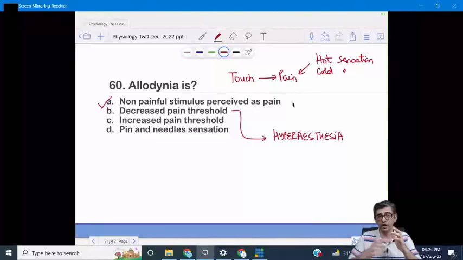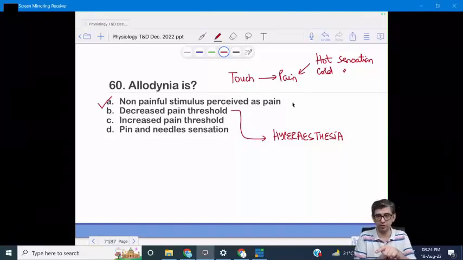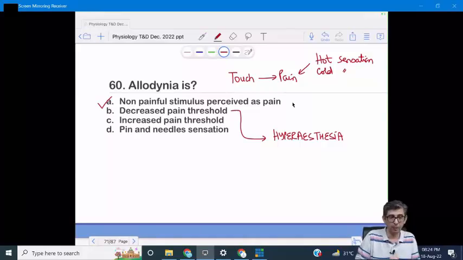So there's a difference. Hyperesthesia means decreased pain threshold: you gave pain, and it is perceived much more by the patient. But in allodynia, it is altered perception. Touch is being perceived as pain. 60 is option A. I had variable responses even for this one, or maybe only 1% answered.